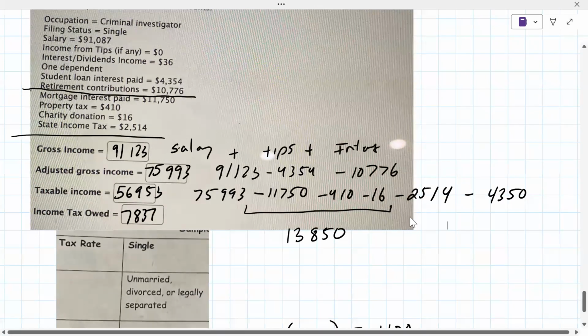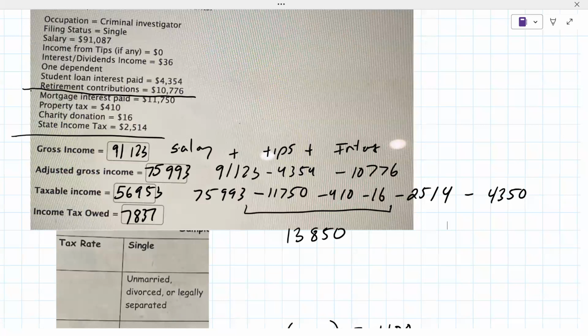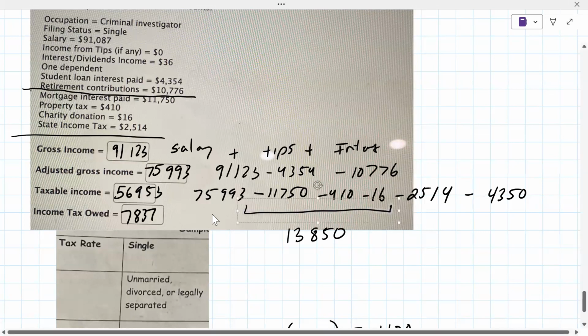I don't know if the state income tax counts towards the standard deduction. Looks like it does, but no, this would be greater than that. Wouldn't I just add 4,000 by 10,000 and then subtract that by 91,000?